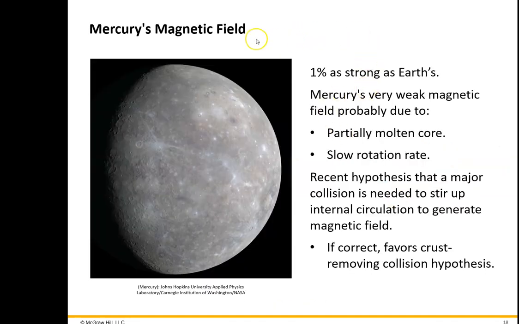Now, the fact that Mercury does have an iron-rich core means it actually does have an overall magnetic field. It's not a very strong magnetic field. This was detected by the, I'm sorry, the Magellan spacecraft.